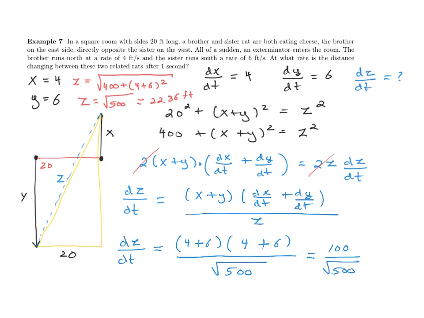If we want an approximation for this, that's 100 divided by the square root of 500. And that's rounded to 2 decimal places. It's a positive number. It is 4.47, and I know it's a rate with feet per second. So that is the rate at which this distance is changing at this moment.